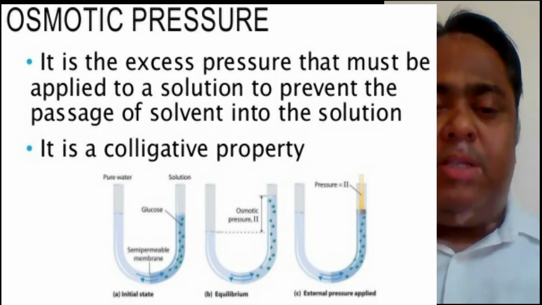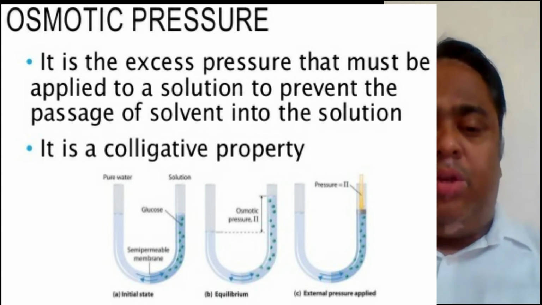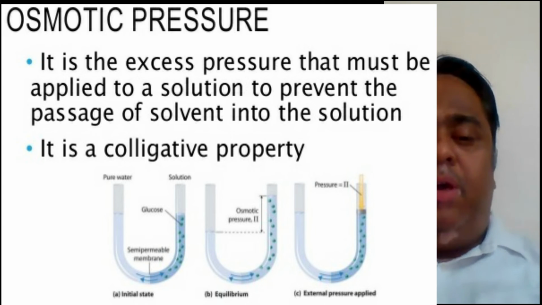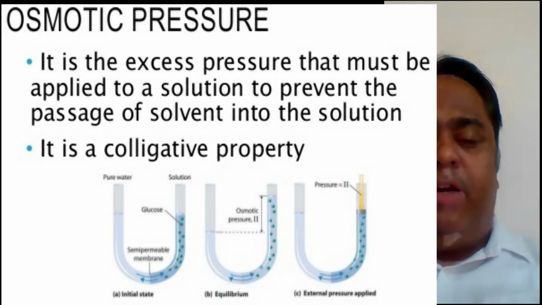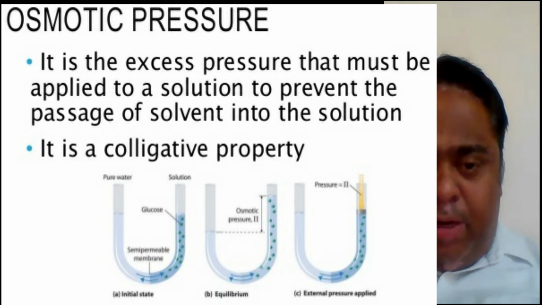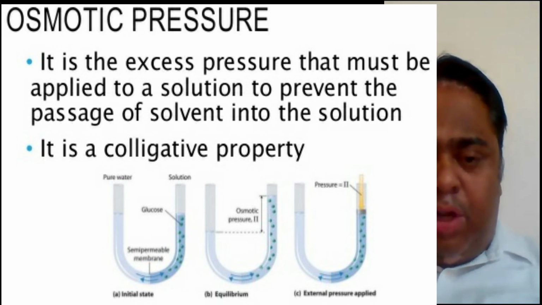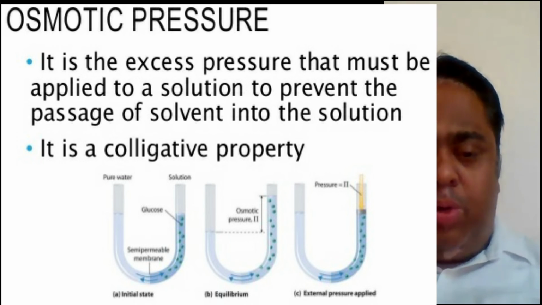The word isotonic means both the solutions have the same osmotic pressure. If the osmotic pressure will be the same on both sides of the semi-permeable membrane, there will be no need for the solvent molecules to move across from the low concentration zone to the high concentration zone.